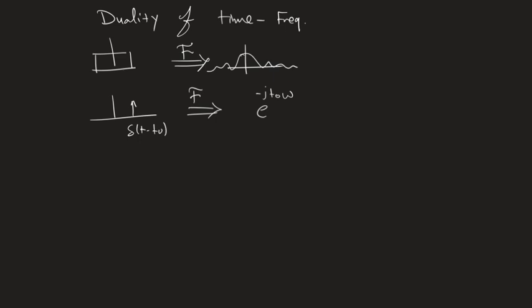And the next one was if we had e to the j omega naught t, we found that this will give us a delta at omega minus omega naught, right? So interestingly, you can see that I had a delta here, I ended up with a pure phase term. I had a pure phase term in time, I ended up with a delta in frequency.